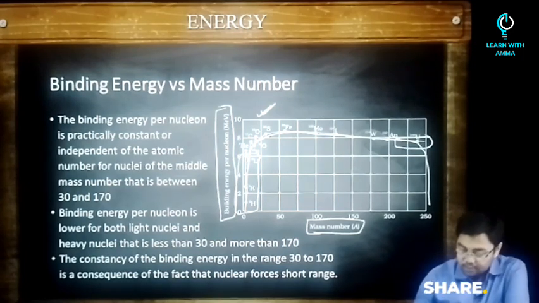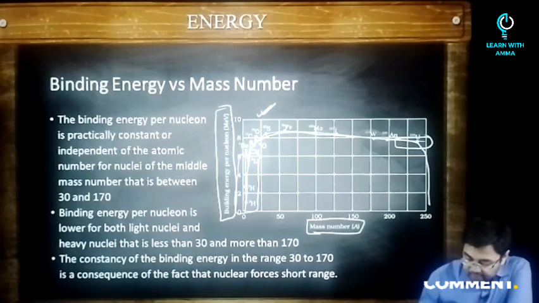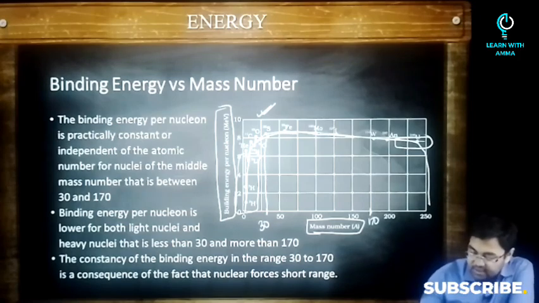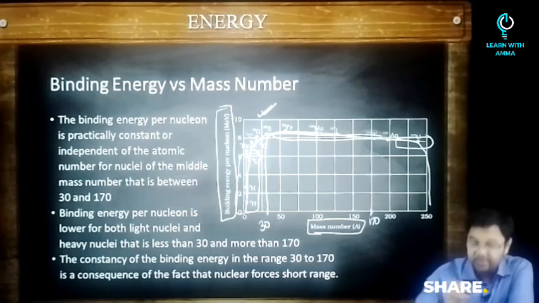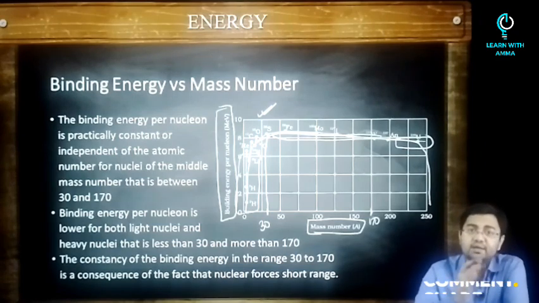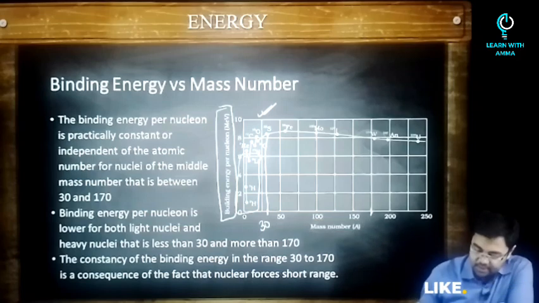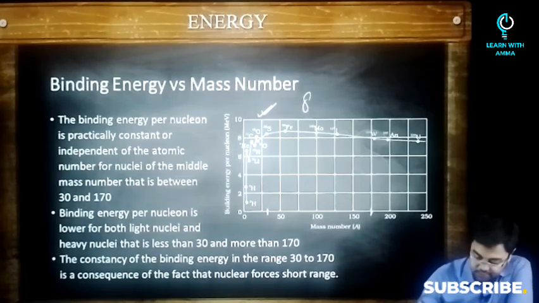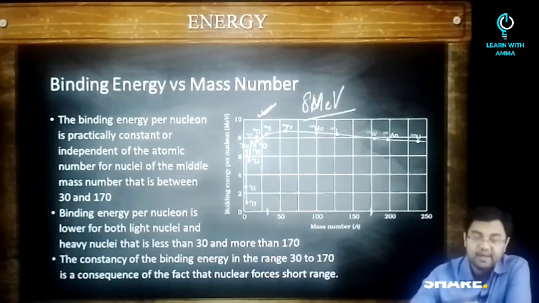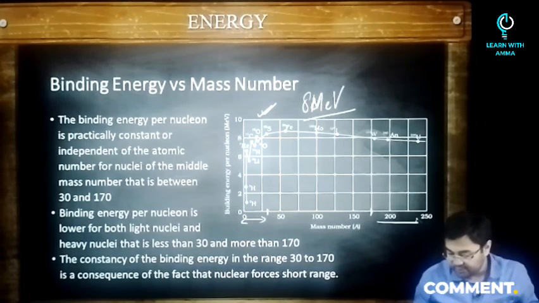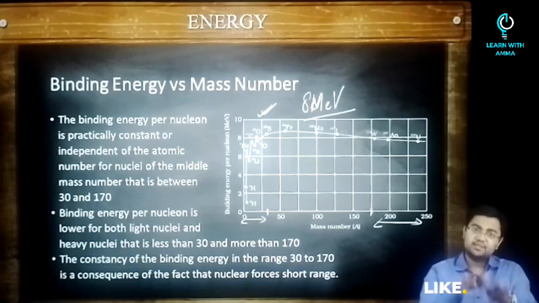For a very long stretch, starting from 30 and going up to approximately 170, the binding energy per nucleon remains kind of constant, approximately 8 mega electron volts. For the lighter nuclei and for the heavier nuclei, this binding energy is less.